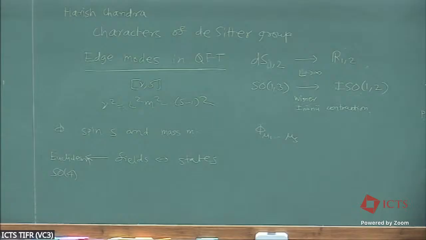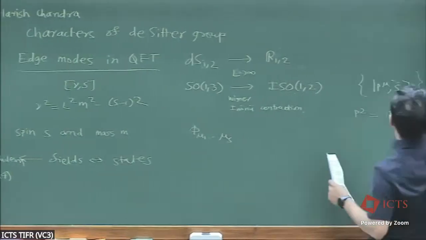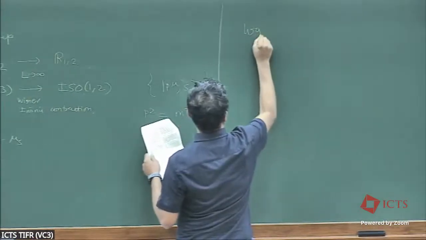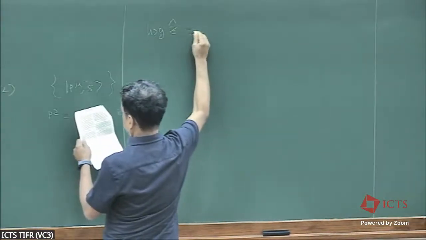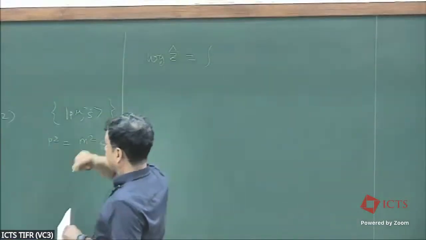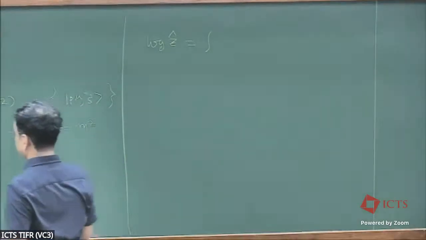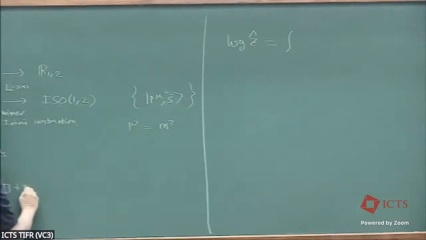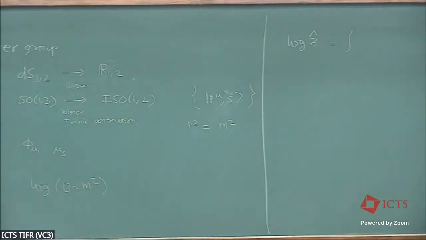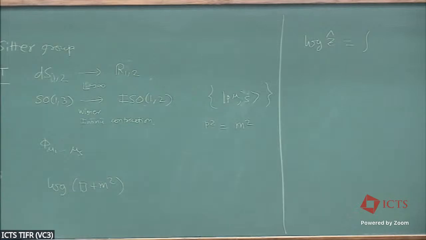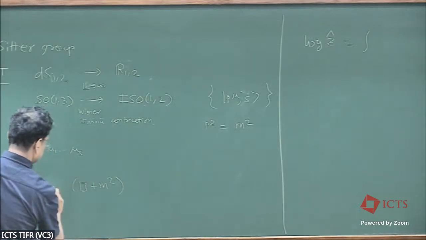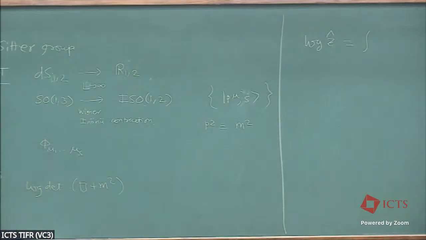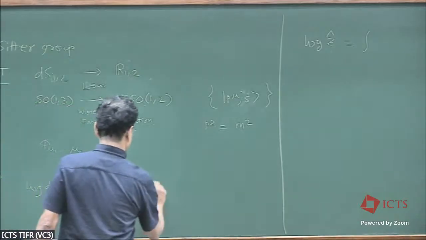So I just want to write down some formulas, but it should be reasonably clear. If you take such a field and calculate log Z, then you're going to get a log of a determinant, right? We know we can write it as a trace log.